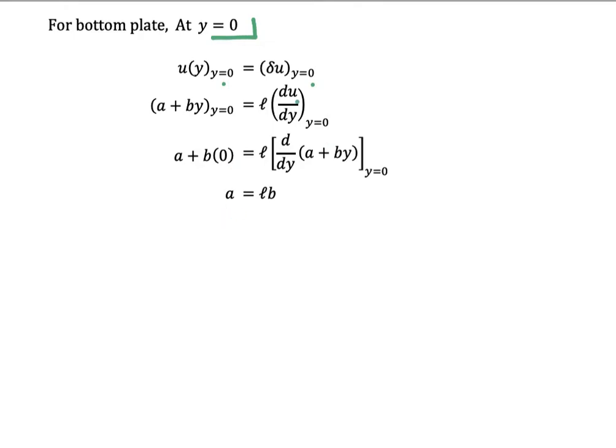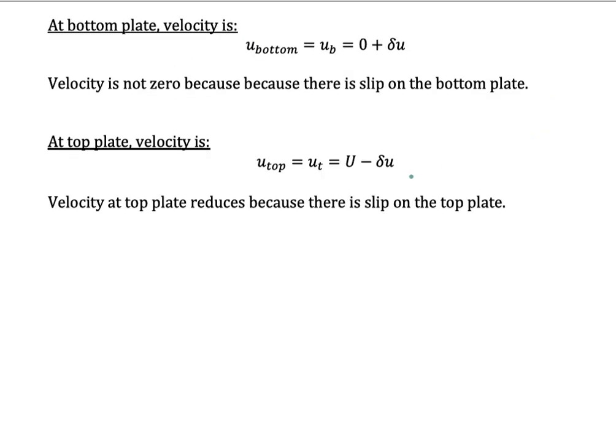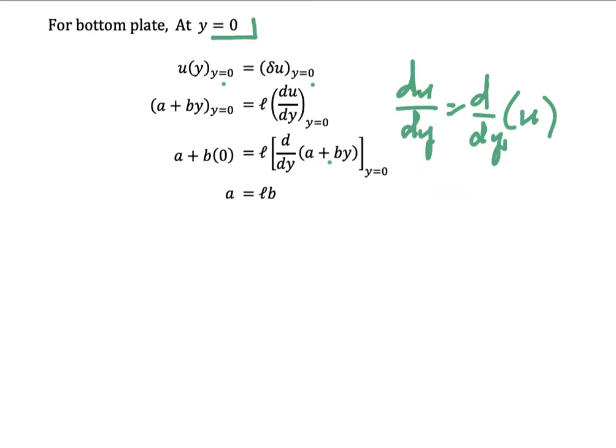And then, where does this come from? Here we have du/dy, which we could write as d/dy of u. And u here is from the previous calculation that we got. So we substitute the a plus b y.